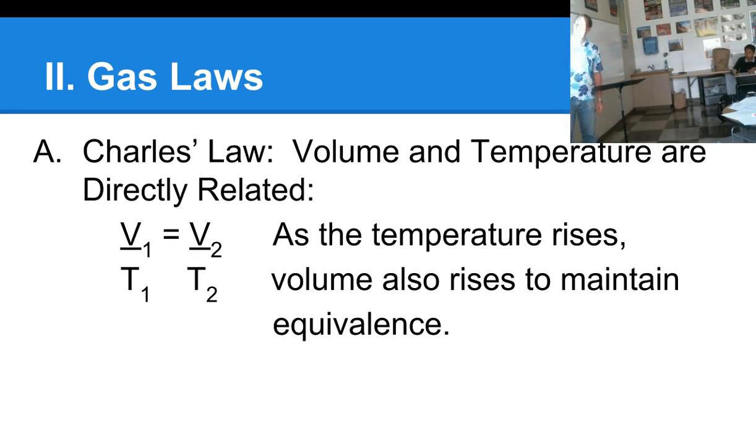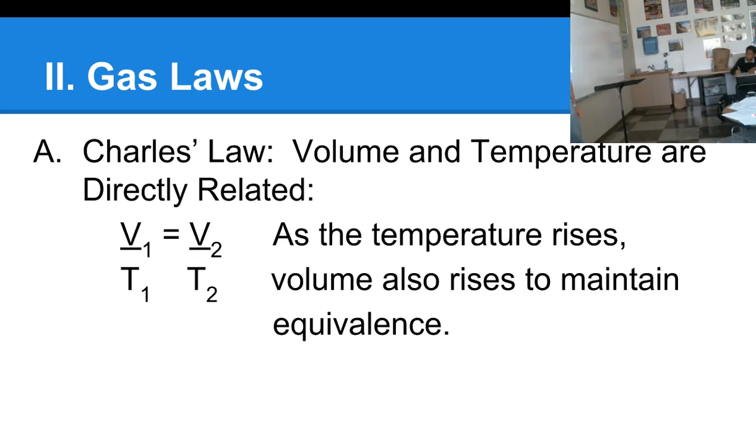So picture this, you've got like 12 liters of gas. So the volume is 12 liters, and the temperature is 100 Kelvin. And so the ratio 12 to 100 is on that side of the equation. Now, if I cut the temperature in half and I go from 100 Kelvin to only 50 Kelvin, this has to stay equaling the same thing.